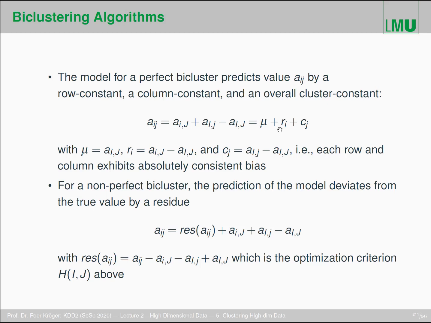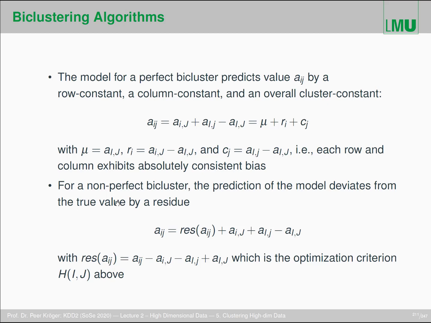This is just a definition, and we can now use some tricky mathematics such that we see that each row and column exhibit absolutely this constant bias. They have the same bias, which is the mean of the cluster. So mu is the mean of the cluster, and in that case both the row variation and the column variation have the same bias, this constant value here.